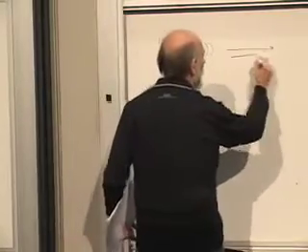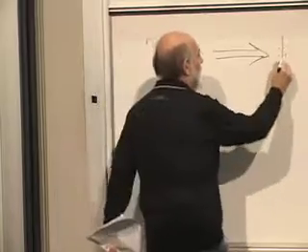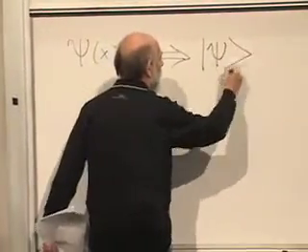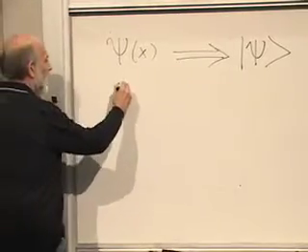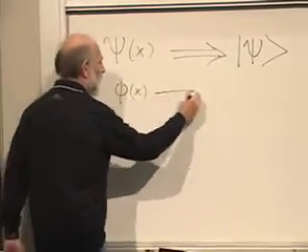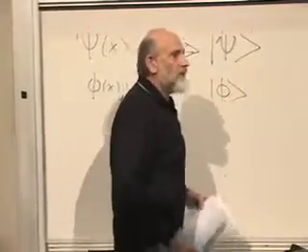And we can think of them, this symbol means think of them as, vectors in a complex vector space. Phi of x is another vector. These are 2 different vectors, and they form an infinite dimensional vector space.